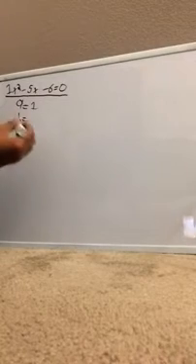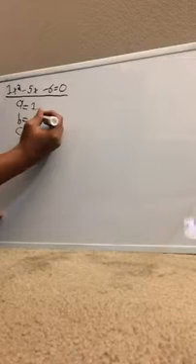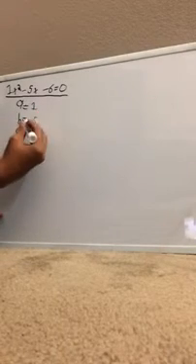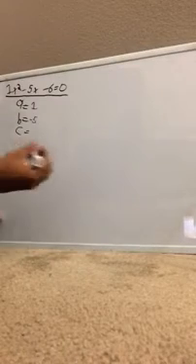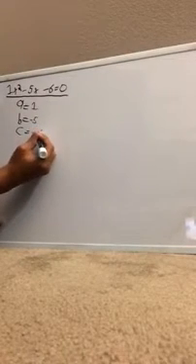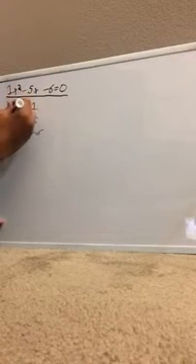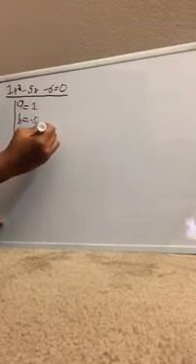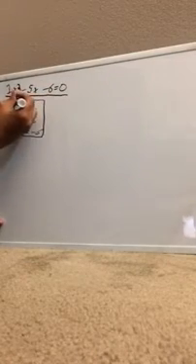And b is always going to be the coefficient in front of x. So in this case, it is negative 5. And c is always going to be the constant, or the number by itself, which in this case is negative 6. So here are your variables. This property is always going to apply for every quadratic formula equation used for quadratic equations.